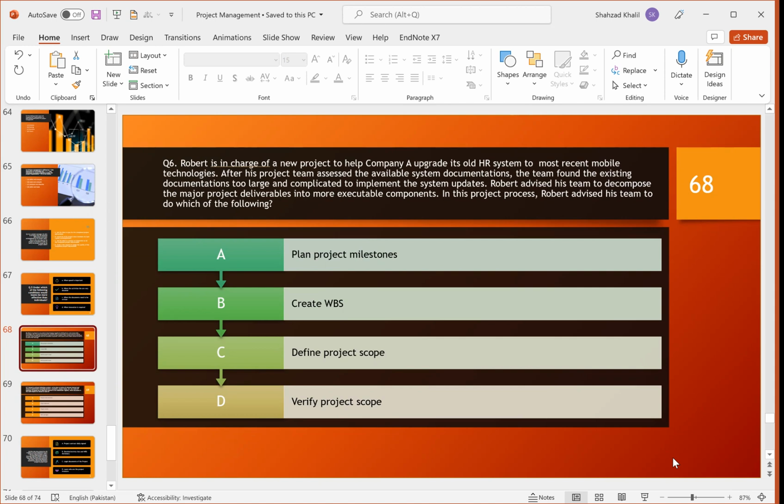In this project process, Robert advised his team to do which of the following? A, plan project milestones. B, create WBS. C, define project scope. D, verify project scope. Anyone? The correct answer is B, to create work breakdown structure, WBS.